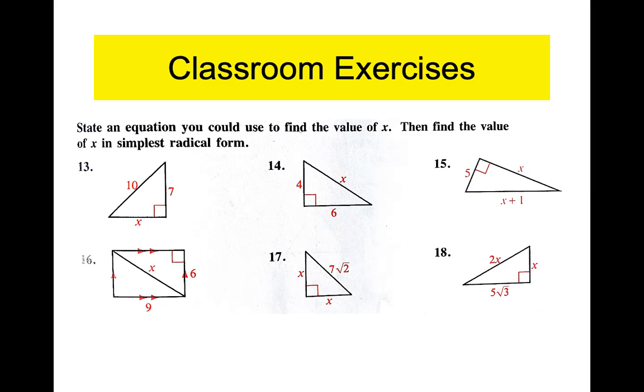She said she likes doing the distributive property: 1 times x, 1 times 1, x times x, and x times 1, another x. So we had x squared plus 2x plus 1.